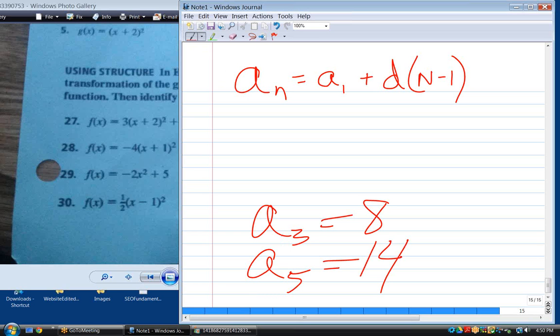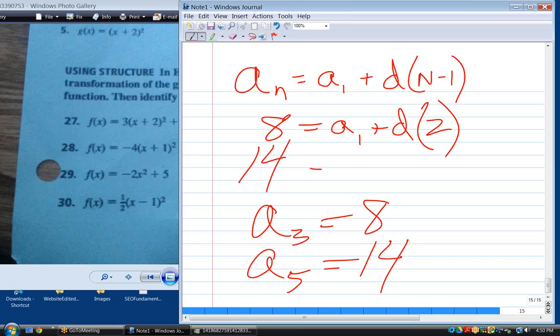In other words, if I know the third term is 8, then I can say 8 equals a sub 1 plus whatever its common difference is times 2. And if I know the fifth term is equal to 14, then I can say 14 equals a sub 1 plus whatever the common difference is times 4. N minus 1 would be 4.